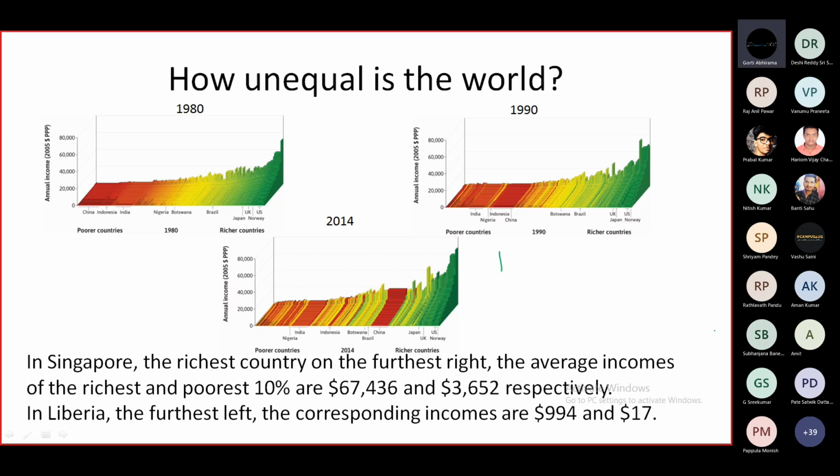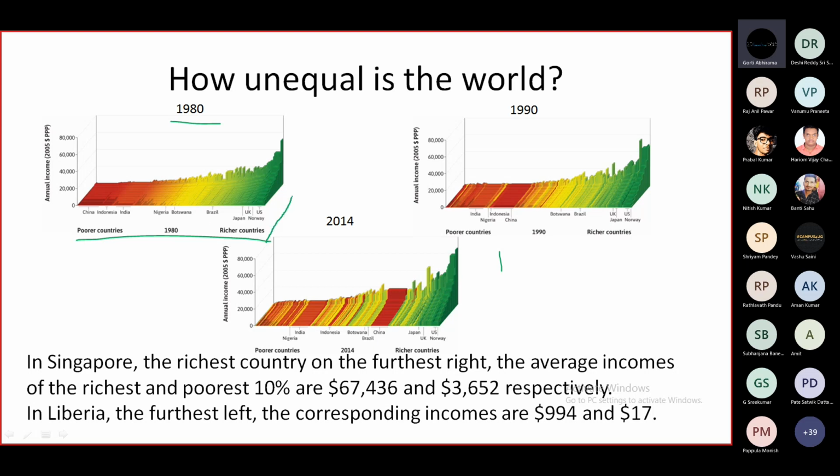Let me briefly tell you how these graphs are prepared so that you will better understand what this means. Initially, in 1980, we arranged the countries from poor countries to rich countries on this x-axis.